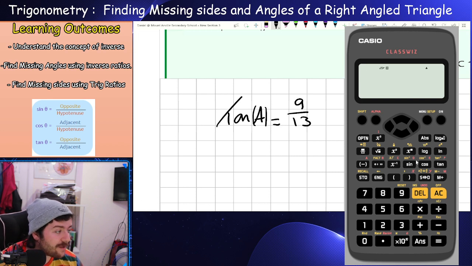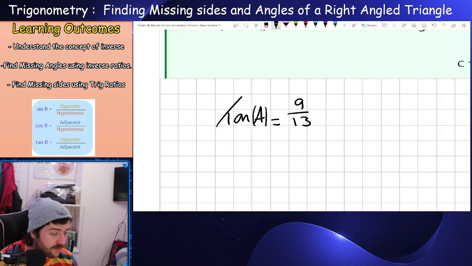Well, they are known as my trig inverses. So what I'm going to do is apply my trig inverse to both sides. So I'm going to apply tan inverse on my left hand side. Remember, what we do to one side we have to do to the other.